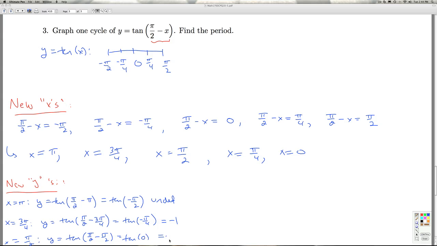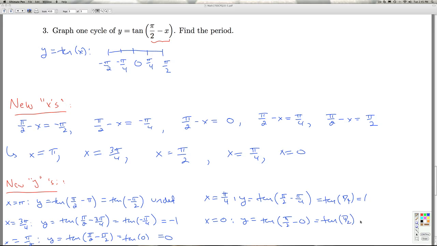That's the tangent of 0, which is 0. For x equals pi over 4, I get y equals tangent of pi over 2 minus pi over 4, which is the tangent of pi over 4, which is 1. And finally, for x equals 0, I get y equal tangent of pi over 2 minus 0, which is the tangent of pi over 2, which once again is undefined. As before, when you substitute in the new x's, the argument of the tangent is always going to give you the original quarter marks.